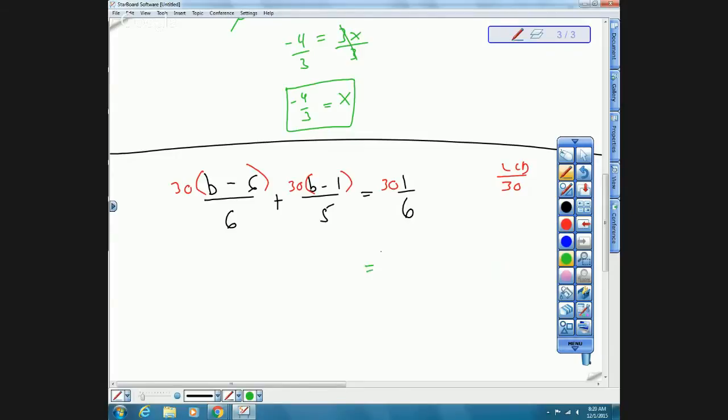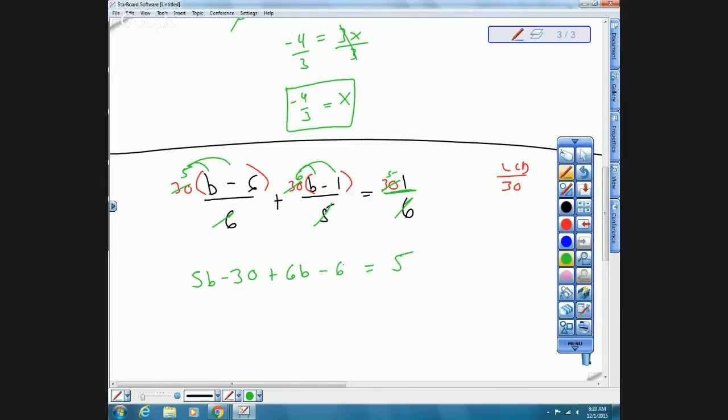I'm going to start on the right side. On the right side, 30 over 6 just becomes 5. So the same thing kind of happens here. Do 30 divided by 6, which is 5, and then distribute the 5. So you get 5b minus 30. On this one, do 30 divided by 5, which is 6, and distribute the 6.